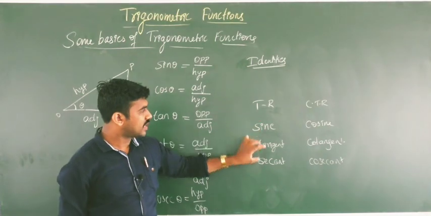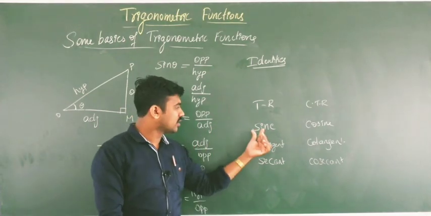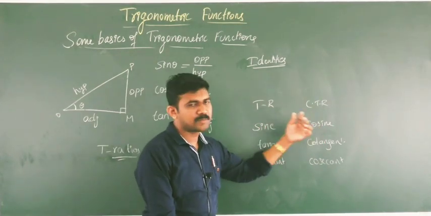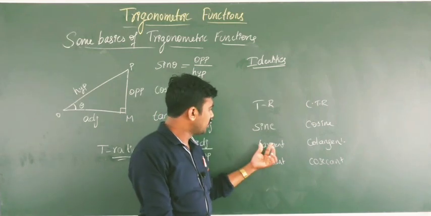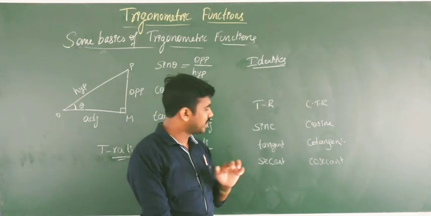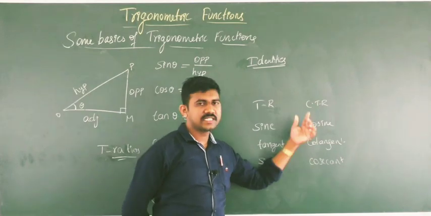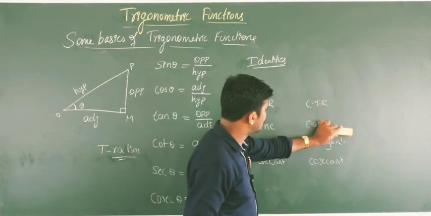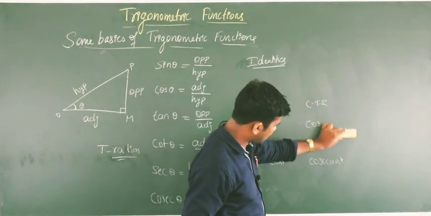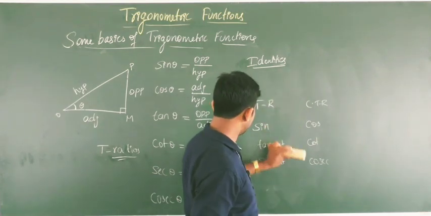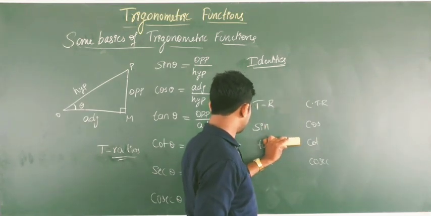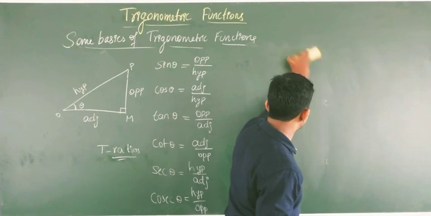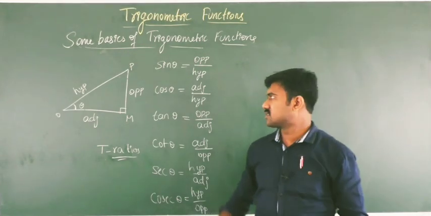See, these three are trigonometric ratios: sine, tan, secant. But for sine, the cos function is the co-trigonometric ratio. For tan, cot is the co-trigonometric ratio. For secant, cosecant is the co-trigonometric ratio. So in short we can write cos, cot and cosecant, and this one is sine, tan, secant.